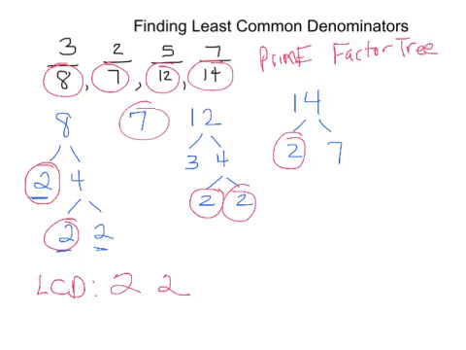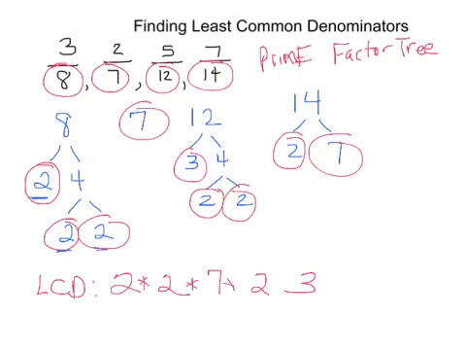I see a 7 has a repeat, I only write it down one time. And then I take what's left over, which is a 2 and a 3. If I take and multiply every one of these values, I will get the least common denominator of 168.